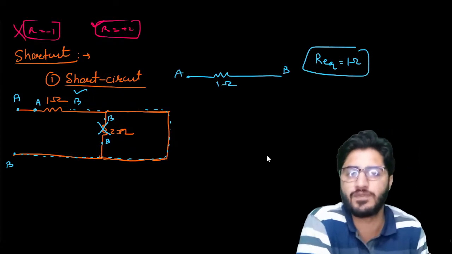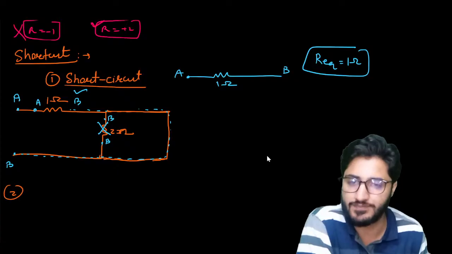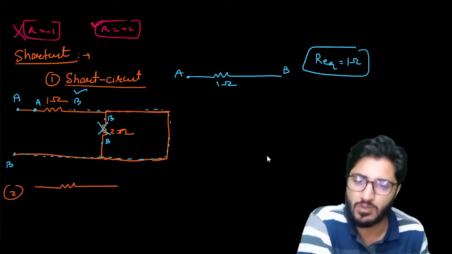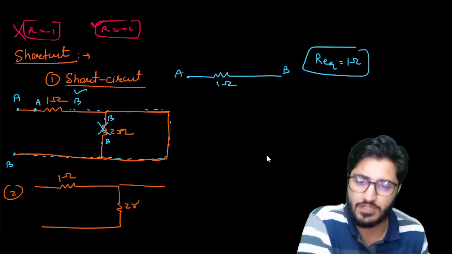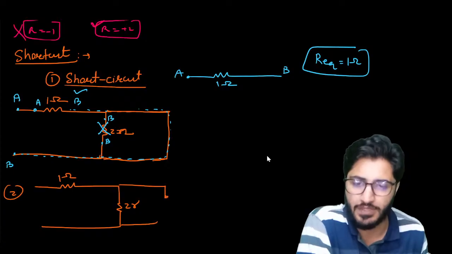Second point, open it. Open means 1, 2. This is 1 ohm, 2 ohm. Now this wire, make it open.